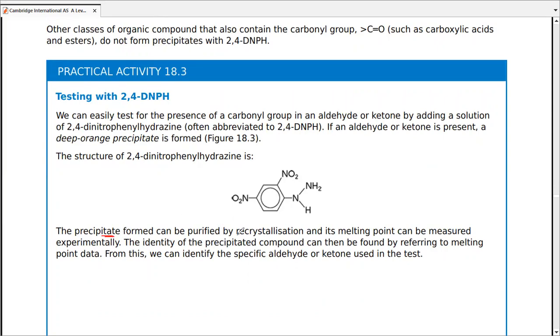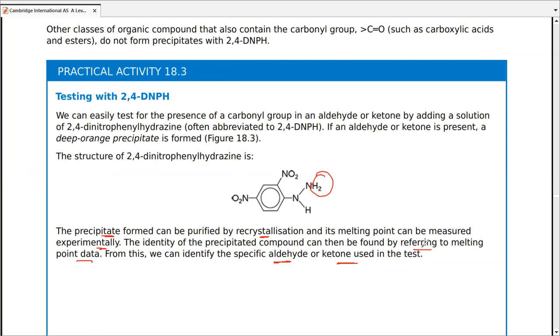The precipitate can be purified by recrystallization. Its melting point can be measured experimentally, and we can refer to the melting point data and identify the specific aldehyde or ketone used in the test. Because based on what kind of chain is connected over here, it gives us the specific melting point data. So we can always go for the fingerprinting technique for this one.